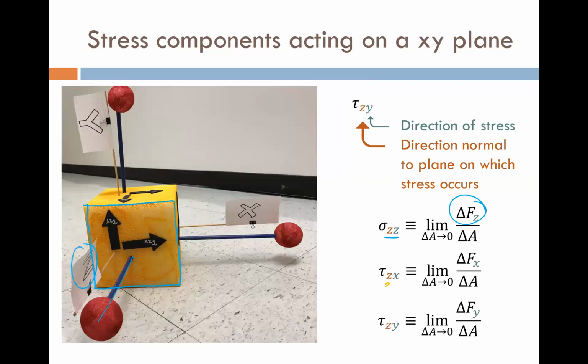So therefore, we have Z as our first subscript. And then the second subscript has to do with the force direction. So if the force is acting in the X direction, it is tau zx. So that would be this component here, pointing in the X direction. If it is tau zy, that means the force is pointing in the Y direction. So that would be this one here, pointing in the Y direction.